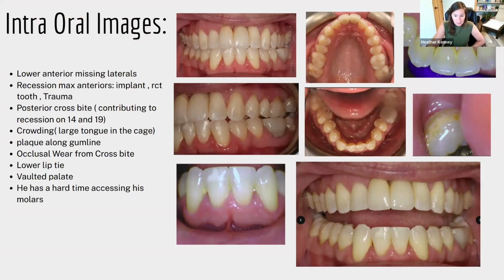He definitely gets buildup. You can see that tartar buildup on the lower teeth. We do have a cross bite between 19 and 14, so there's a little bit of a concern there. Vaulted palate.